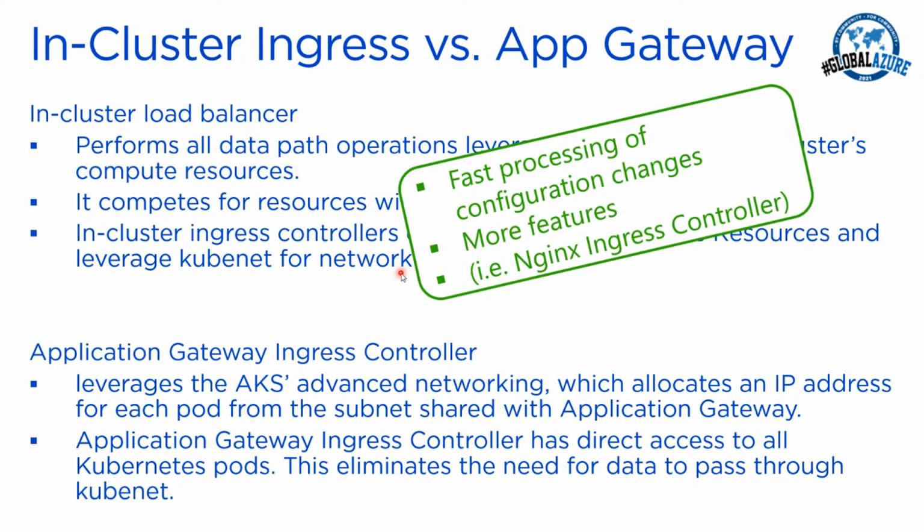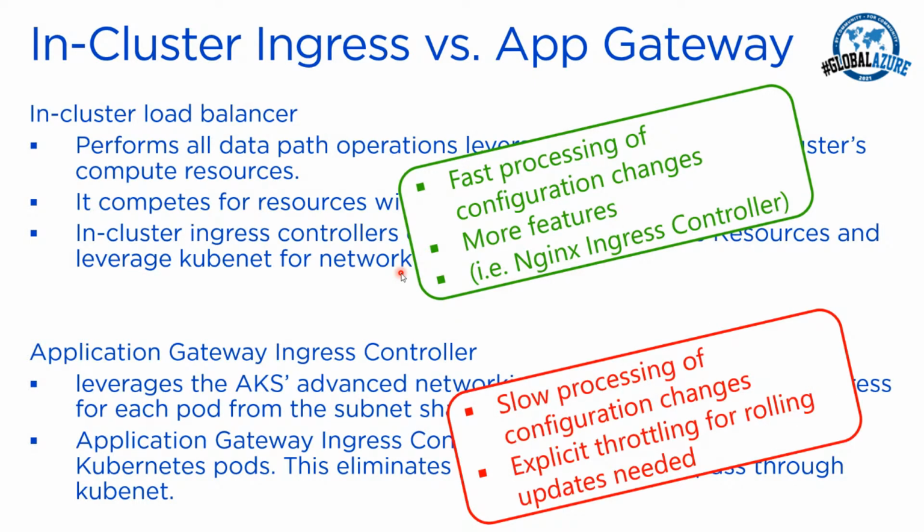So the changes, if you do a rolling update, etc., are propagated too slow to this application gateway, and we had to downgrade the speed of the updates, etc., to achieve that without having a loss of connectivity. So in the end, I personally prefer still the in-cluster load balancer because it's just more flexible, you have more features, and it's way faster for configuration changes.